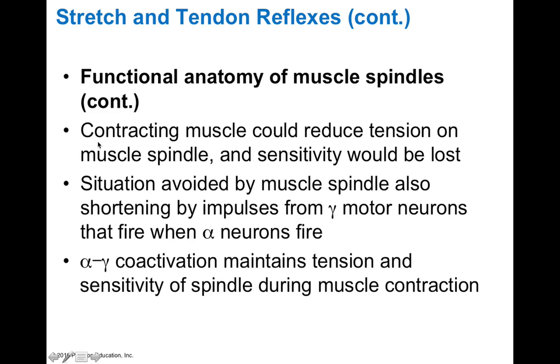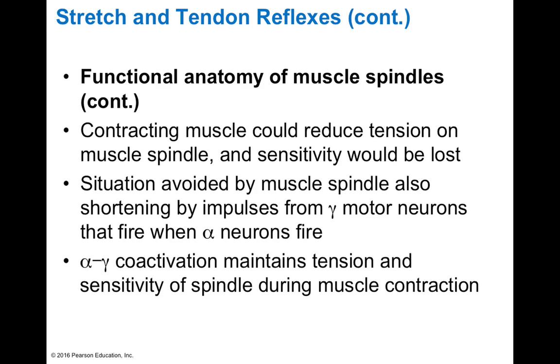What's interesting is that a contracting muscle could reduce tension on the muscle spindle, and if that happens, the sensitivity would be lost. Remember, action potential frequency increases when the muscle's stretched and there's some tension. However, if the muscle contracts and the intrafusal muscle fibers bunch up, with no tension on those cells, then effectively you would lose information about your muscle's position, which wouldn't be good.